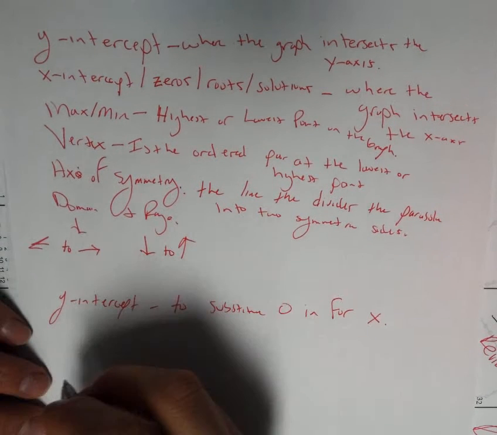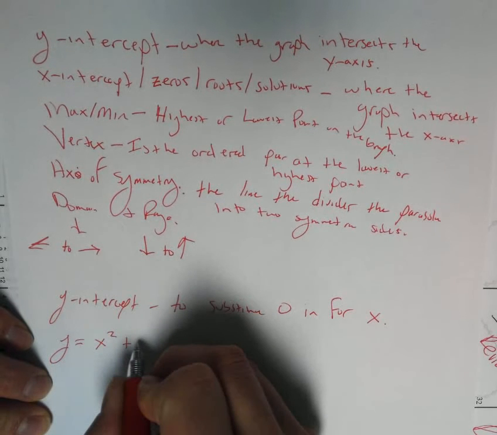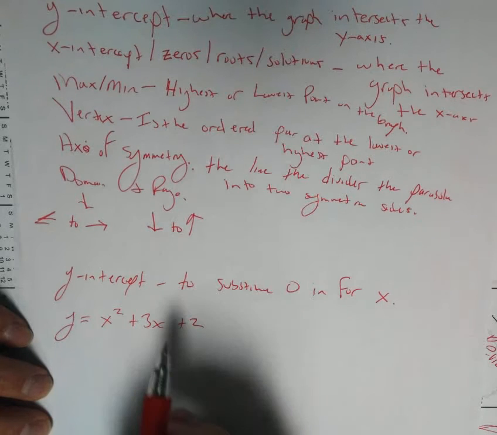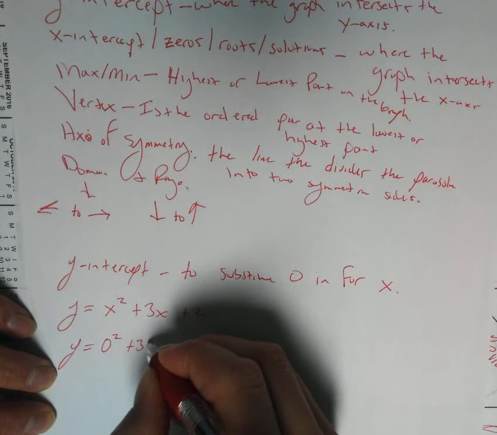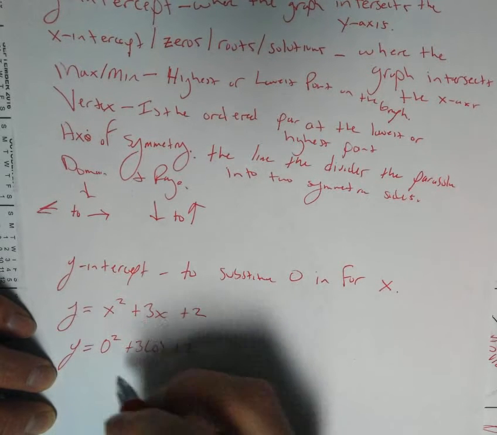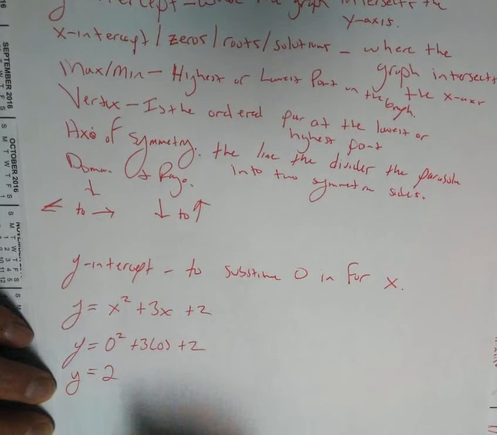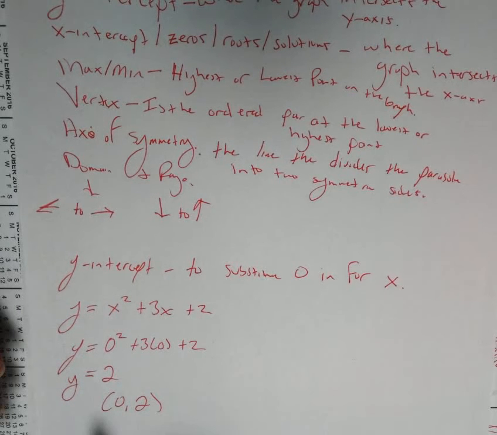Here's just a small problem here. Y is equal to x squared plus 3x plus 2. If we were to substitute 0 in for x, we would get 0 squared plus 3 times 0 plus 2. So if we work this out and perform the operations, we wind up with y equals 2. So our y-intercept would be (0, 2). Intercepts are ordered pairs, so we have to look at that whole pair.